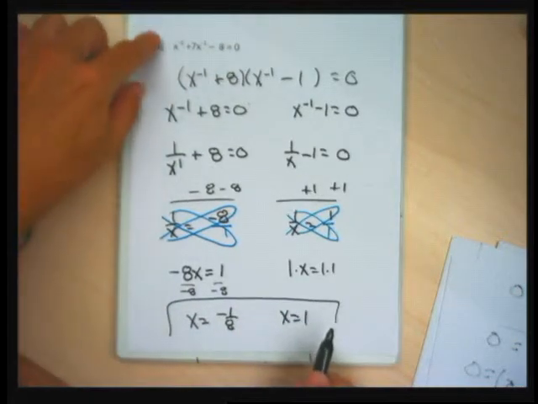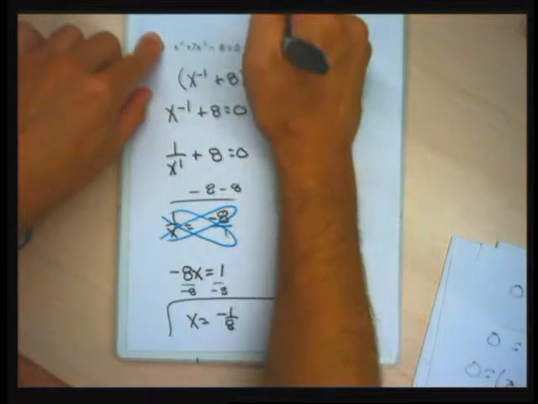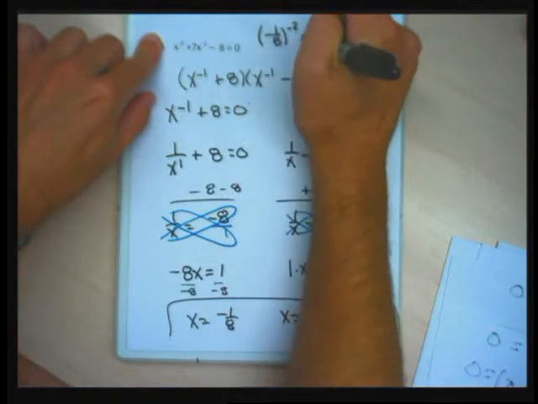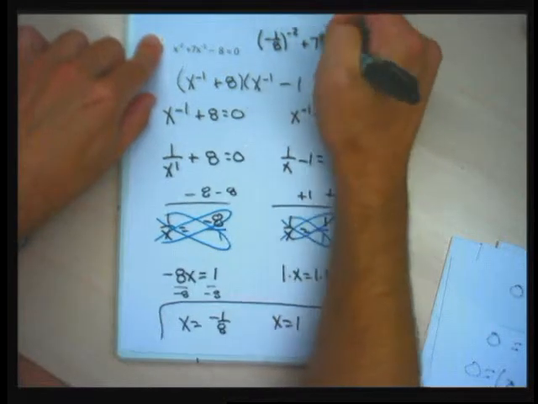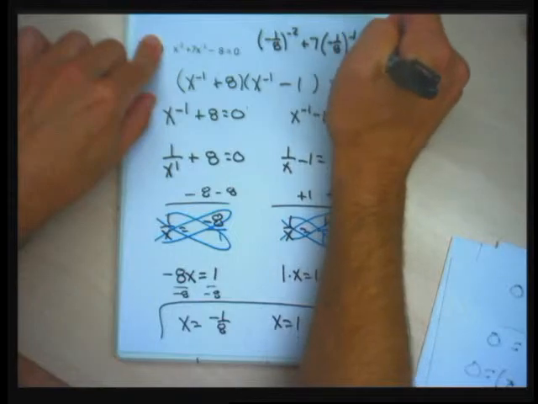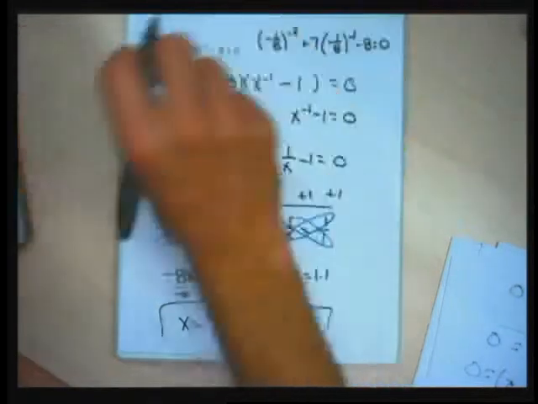I'm going to check them right up top. I'm going to see if, first, negative 1/8 to the negative 2, plus 7 times negative 1/8 to the negative 1, minus 8 equals 0.